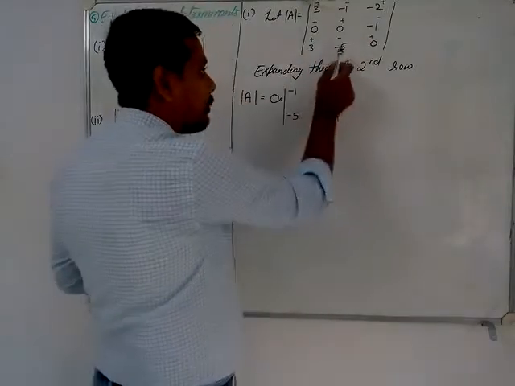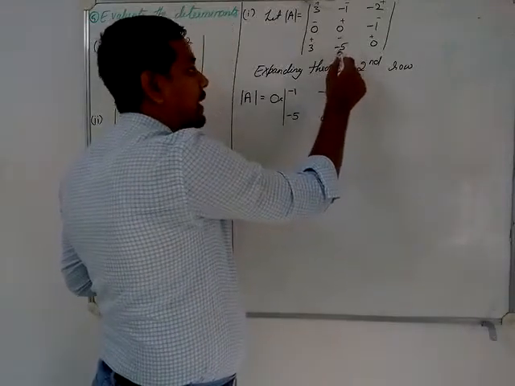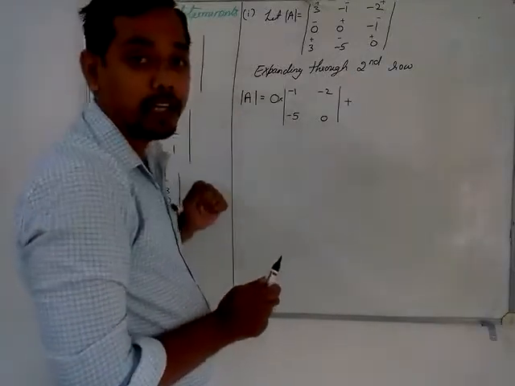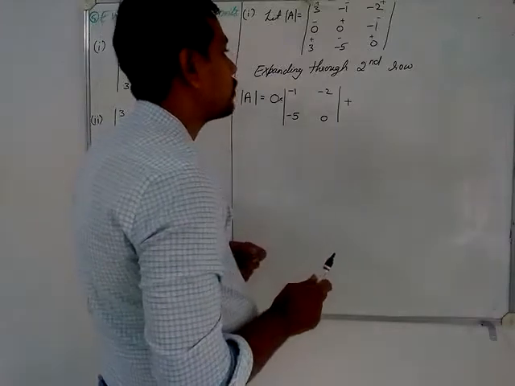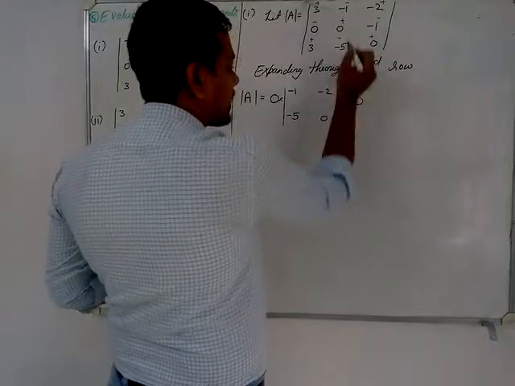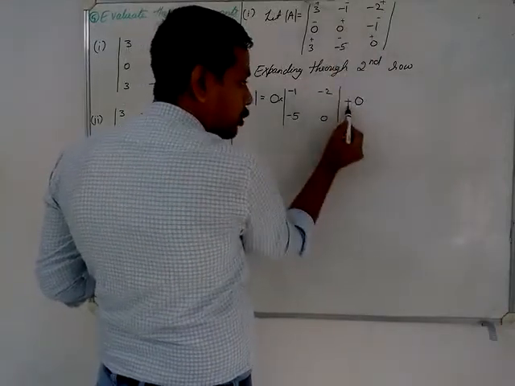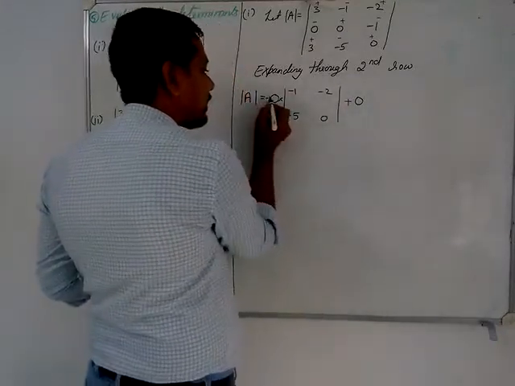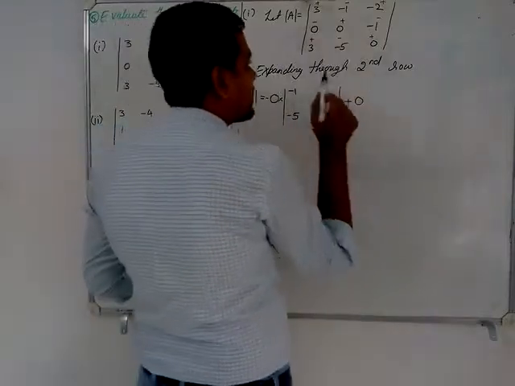For example, I have written minus 5 here. You should not write it as minus into minus plus; you should write it as only minus 5. Is that clear? Whatever sign convention I have written on the top should be taken before writing this element. So this is minus, and the 0 here is plus.